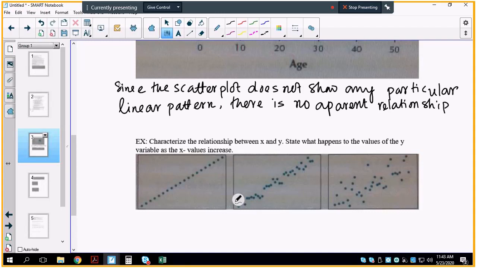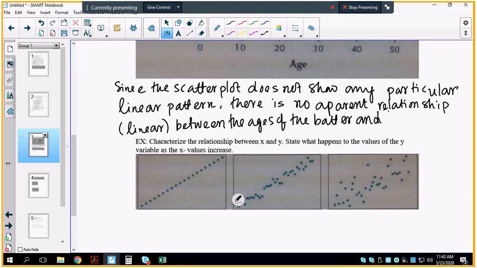So I'm saying there is no apparent linear relationship between, and instead of saying the x and y variable, I will be a little careful and I will say between the age of the batter and the batting average.